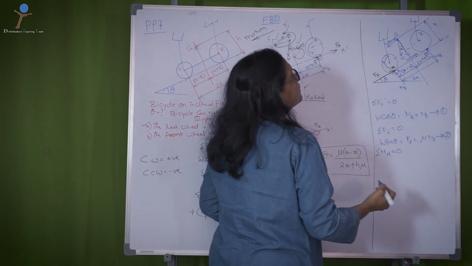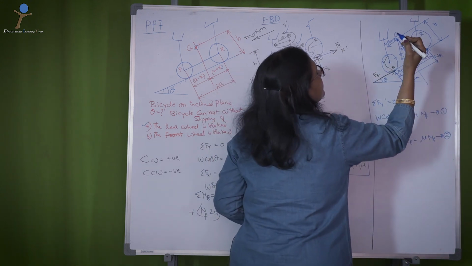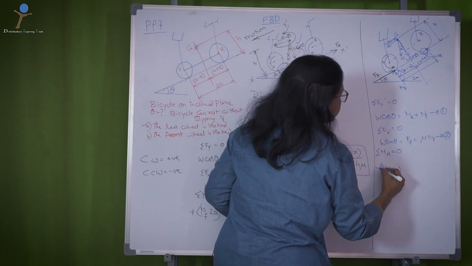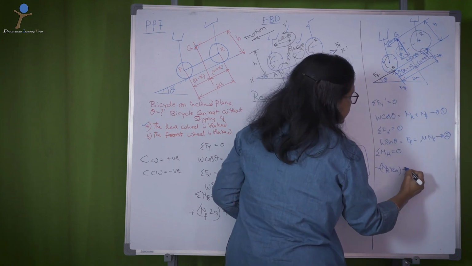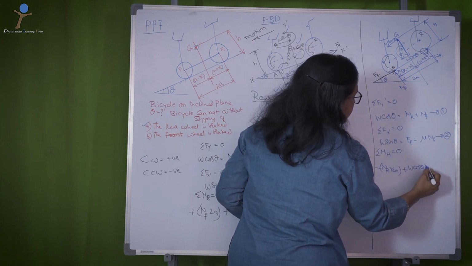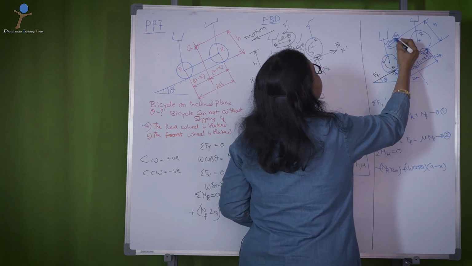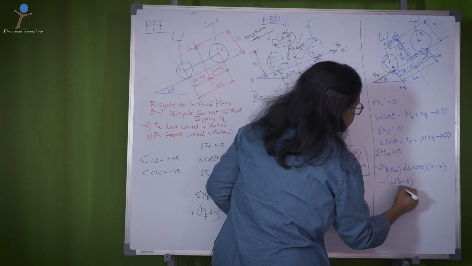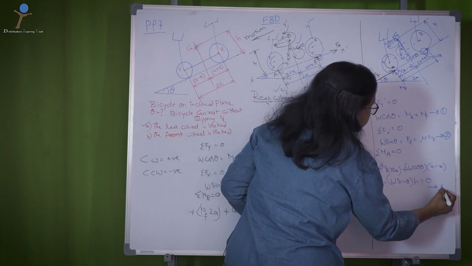Now we have NR in counterclockwise direction, minus NR into 2a, then W cos theta goes this way, that is clockwise direction, plus W cos theta into a minus x, W sin theta into h again minus W sin theta into h, equal to 0 is equation number 3.